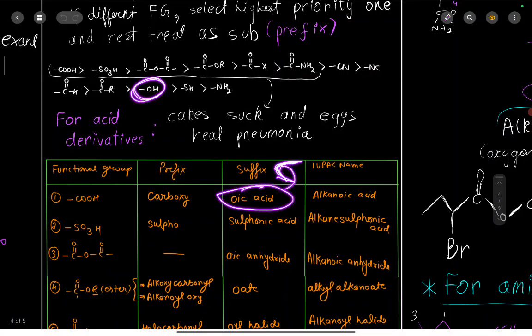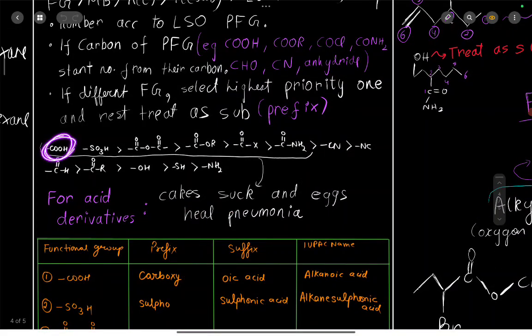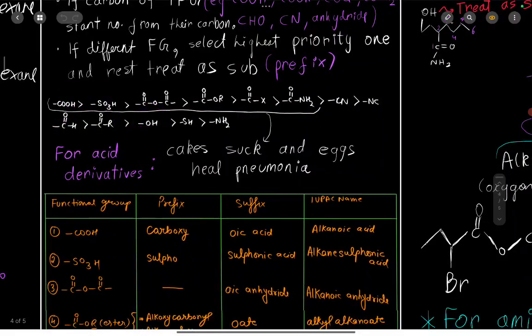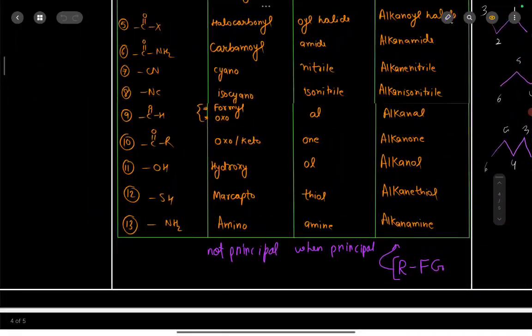But alcohol is not a principal functional group anymore, because something of higher priority is present in the molecule. So, for alcohol, we will treat the OH group as a substituent, and we are going to use the prefix for it. The prefix is hydroxy.